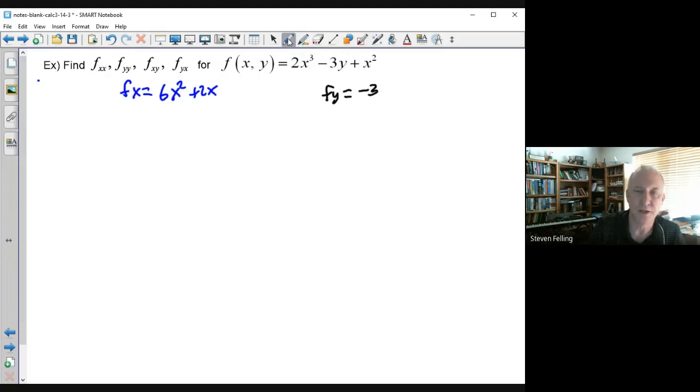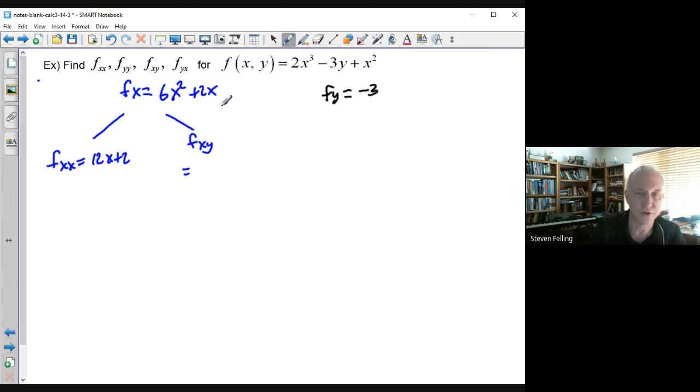Okay. And then if I wanted to do second partial derivatives, if I did fxx, I'm taking this function and taking the derivative over again treating x as the variable. So that's going to be 12x plus 2. And if I do fxy, well, there's no y here, so that's 0.